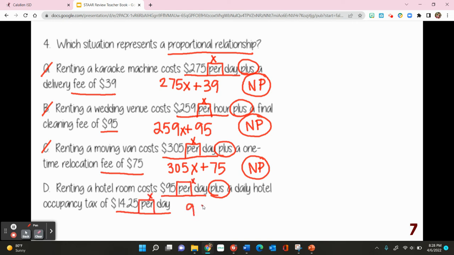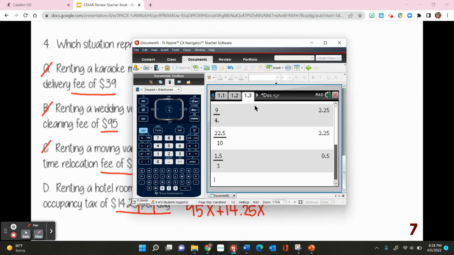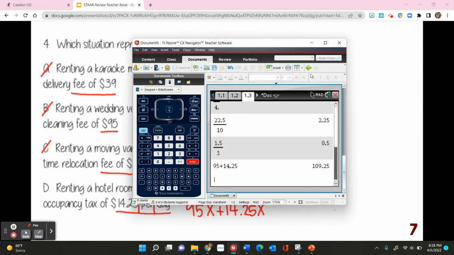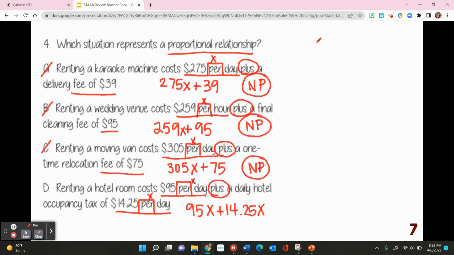So here, this can be represented as 95x plus 14.25x. So when we type this in, 95 plus 14.25, we get 109.25. So here I can combine this and it equals 109.25x. And here that would mean that it is proportional and our answer is D.